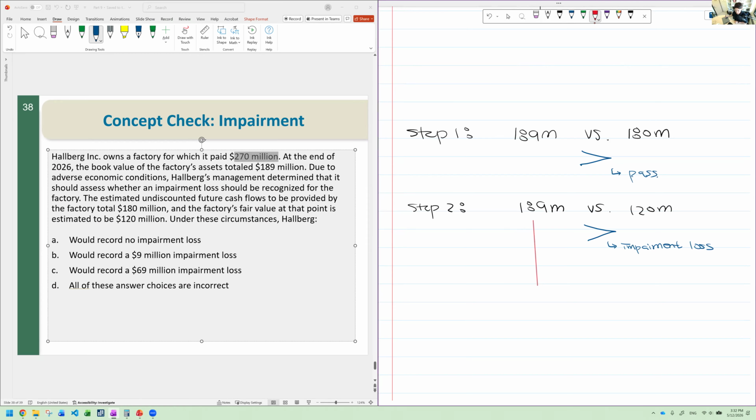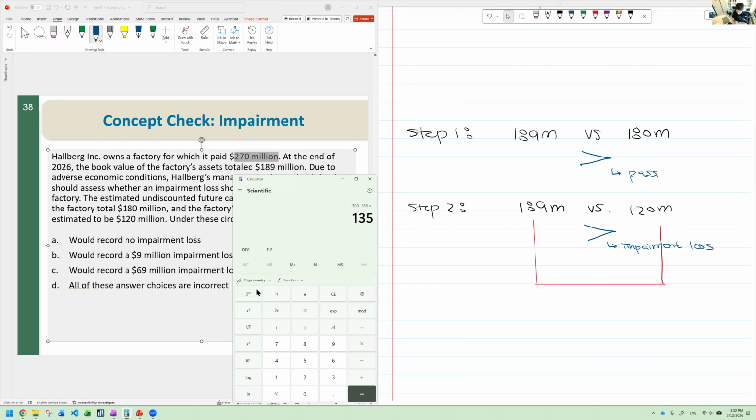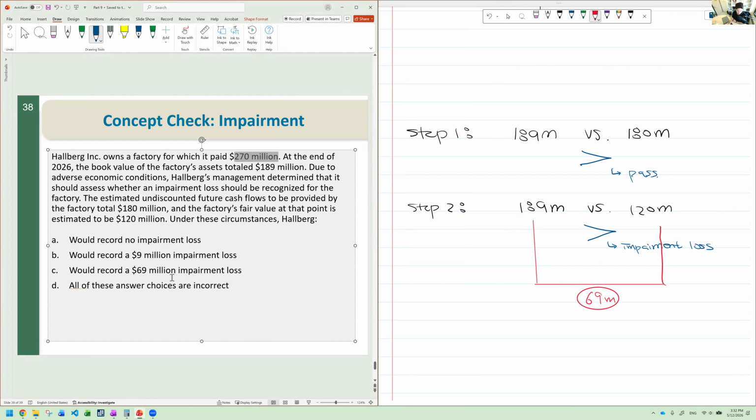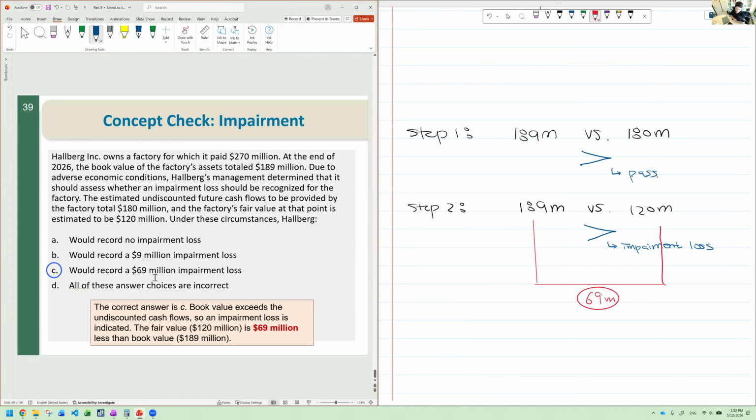We take the difference between the book value and the fair value. So 189 million minus 120, so $69 million. We determine that this particular asset lost value by $69 million. So choice C is the answer.